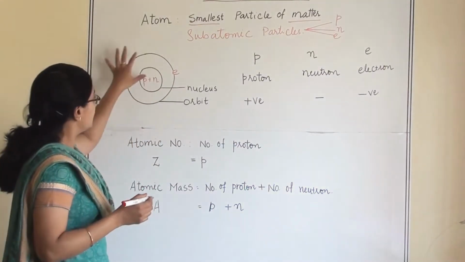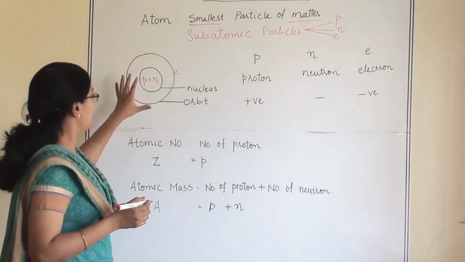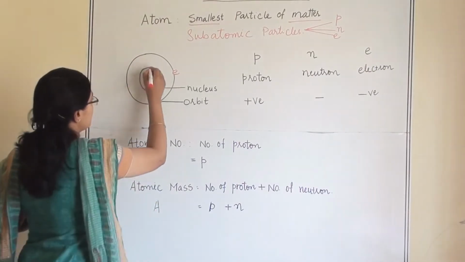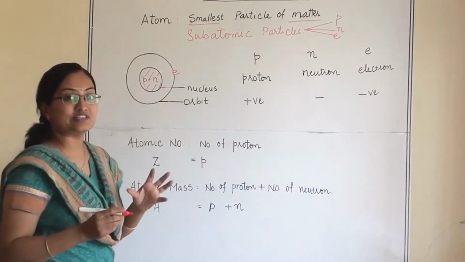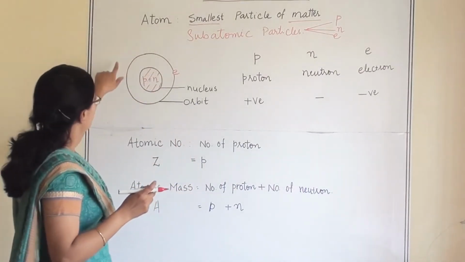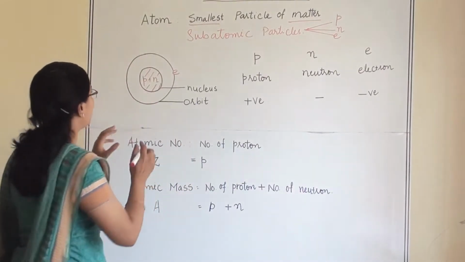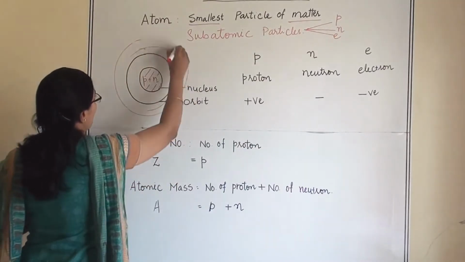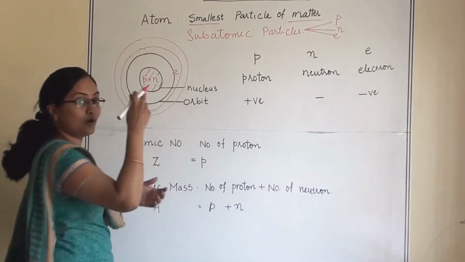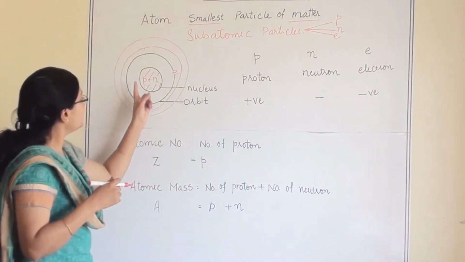So here this is a structure of an atom. This is a nucleus. This inside portion is the nucleus, surrounded by the orbitals. There are n number of orbitals around the nucleus.